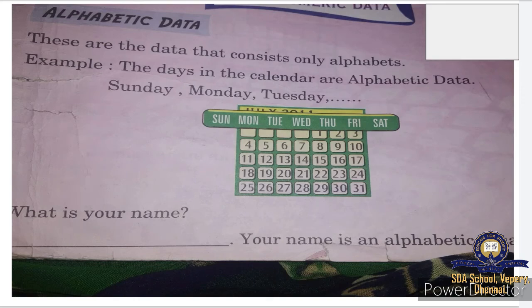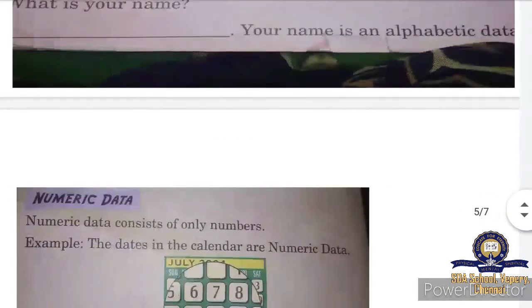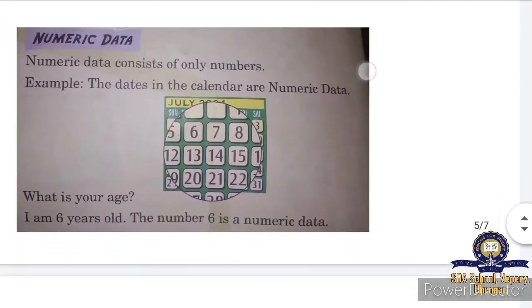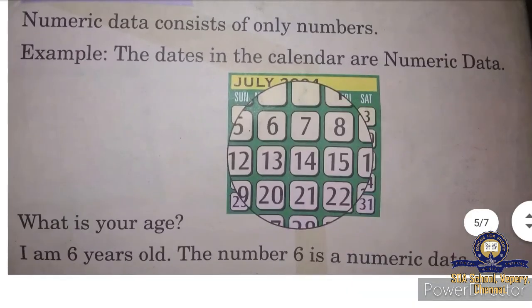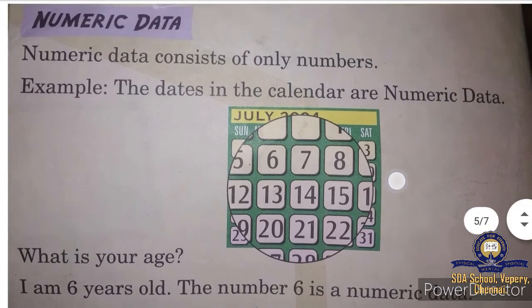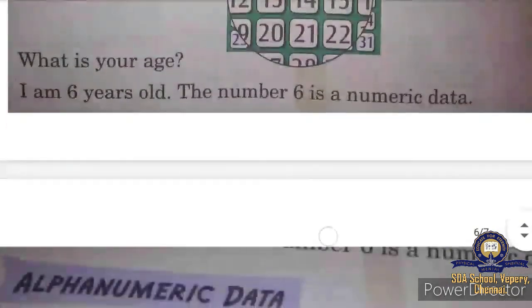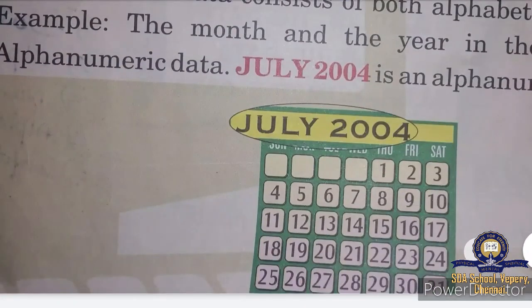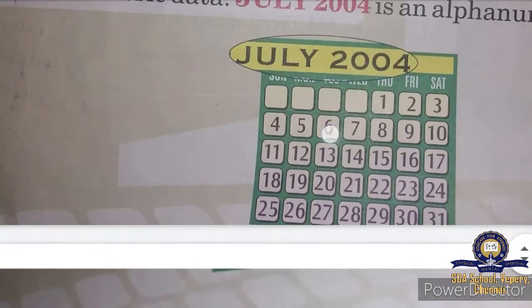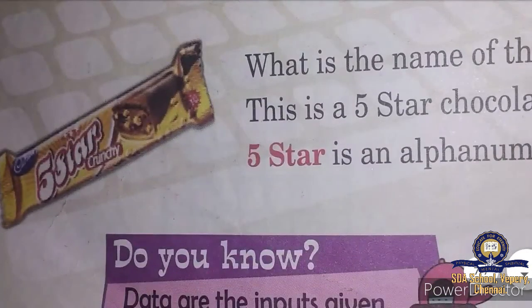For numeric, we have seen the dates of the calendar and the age of a person. For alphanumeric, we have seen July 2004 and 5-star.